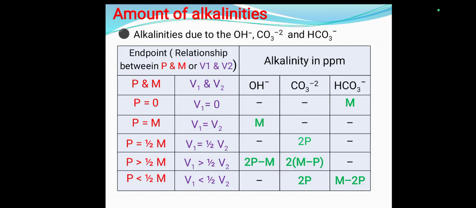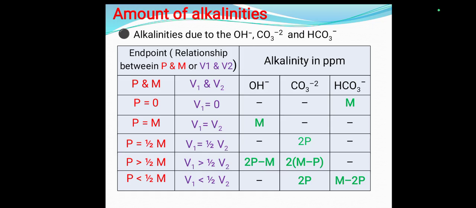So 2p minus yum is the formula, I am talking about the second last relation. 2p minus yum is the formula to find the amount of alkalinity of OH minus. So in that formula, you just have to place the value of p and yum. So 2 multiplied by the value of p minus the value of yum. If you do that calculation, you will get one answer, and that answer will be the amount of OH minus.